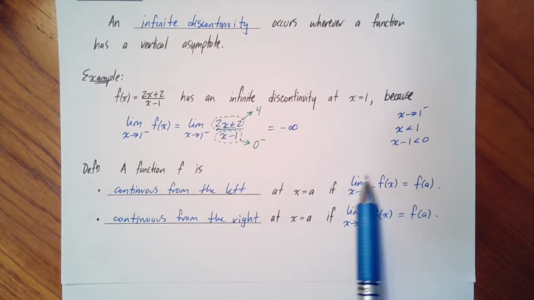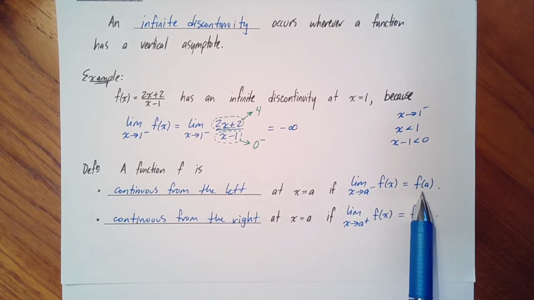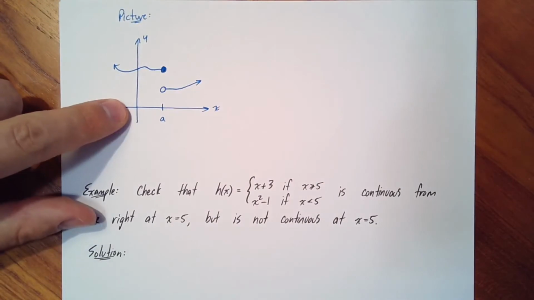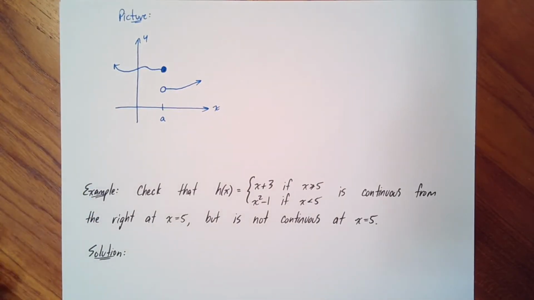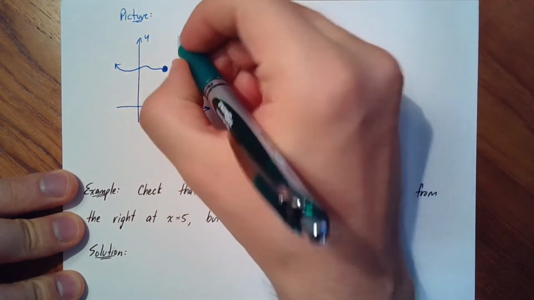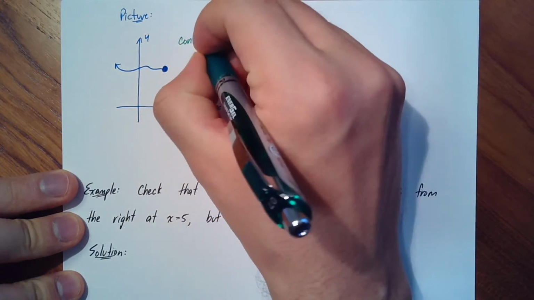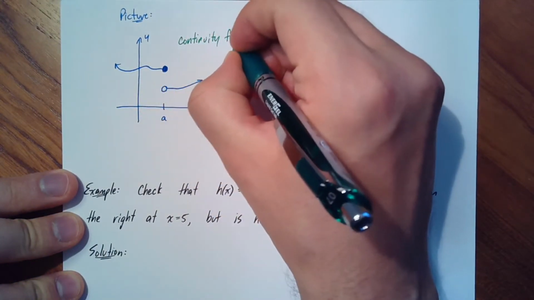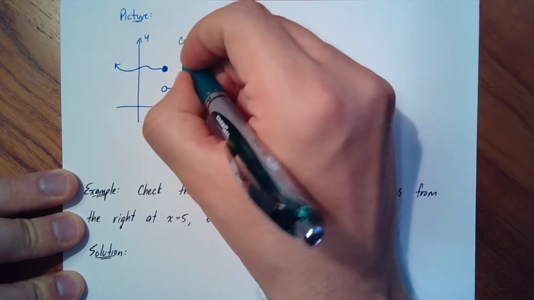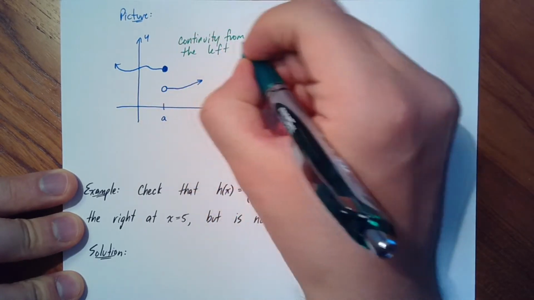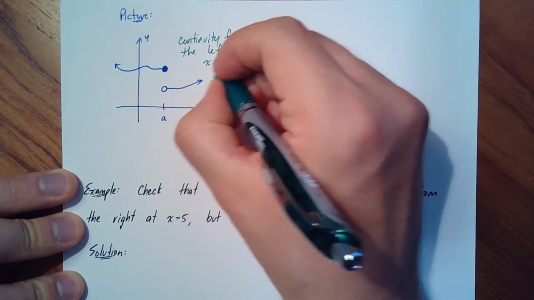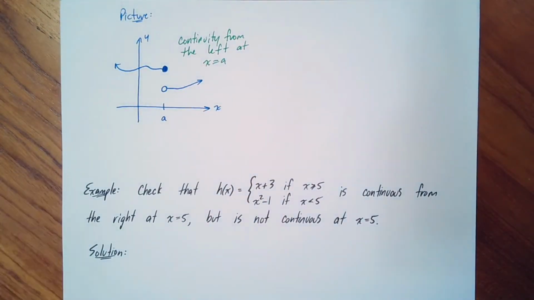The limit from the left of the function is equal to the actual value of the function at the point x equals a. Okay, so this is the picture of what that would look like. So this is continuity from the left at x equals a. That's just a picture of what it would look like.